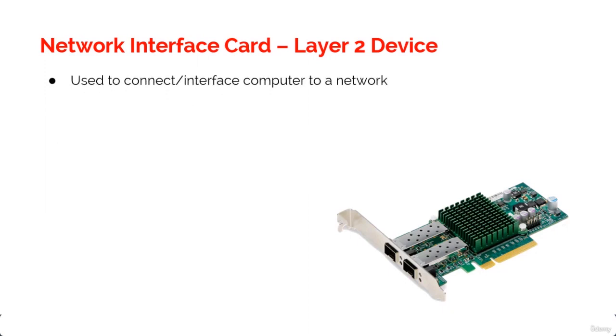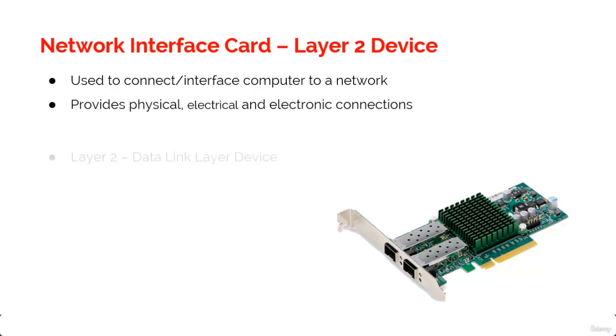The network interface card is a Layer 2 device. That is, it works at the data link layer. Do you remember we have seen the data link layer in the OSI model? Right, so the network interface card is known as a Layer 2 device because the address it uses for communication, the MAC address, resides on the data link layer.